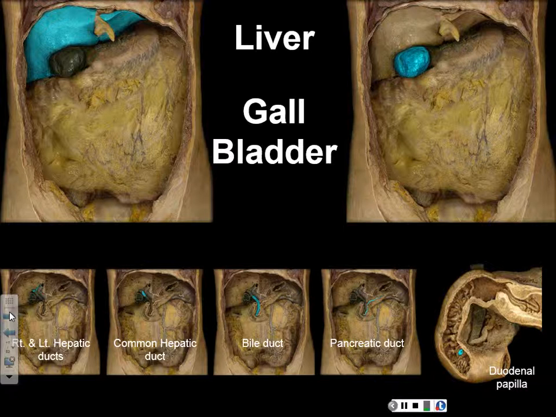The cystic duct comes from the gallbladder. So the common hepatic duct or the bile duct and the cystic duct unite to form the common bile duct.